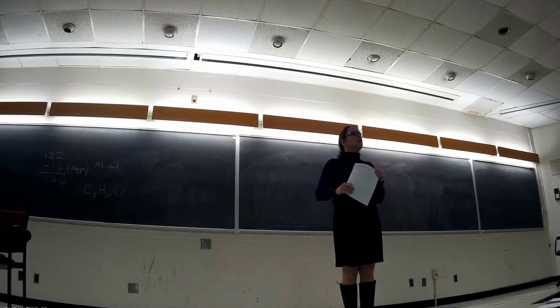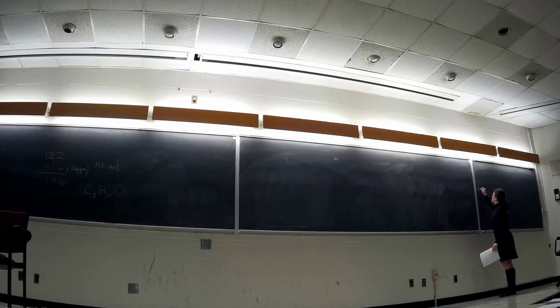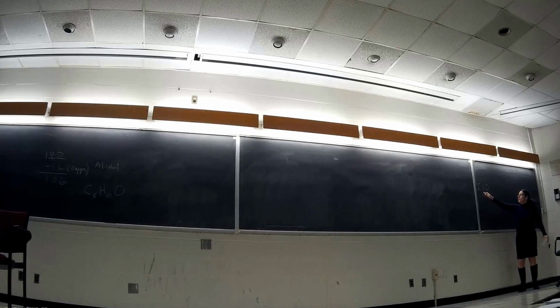The first thing I'm going to do is figure out how many degrees of unsaturation there are. There's a formula for degrees of unsaturation. I call it IHD. IHD stands for Index of Hydrogen Deficiency, but really it's just degrees of unsaturation.